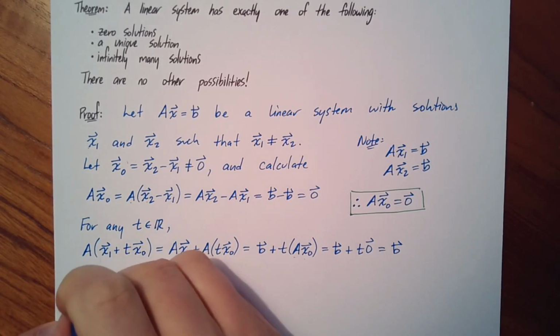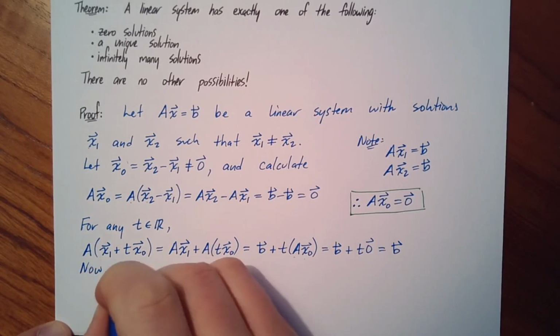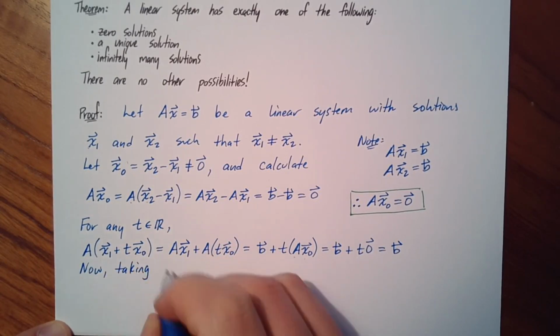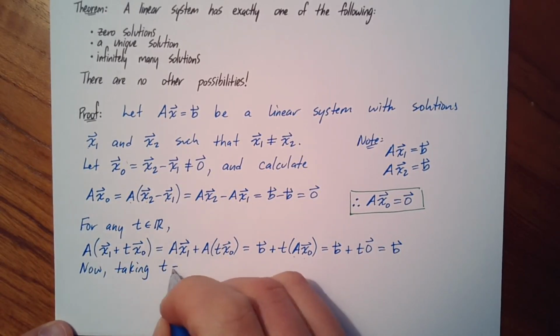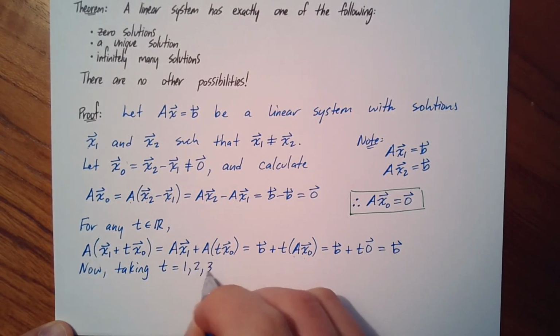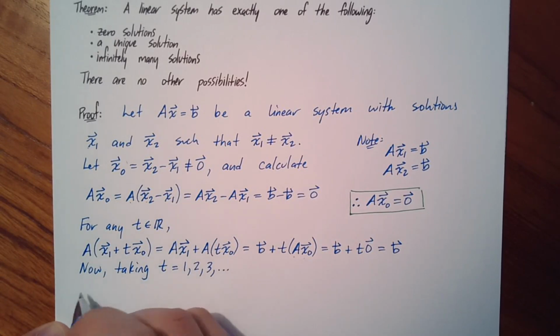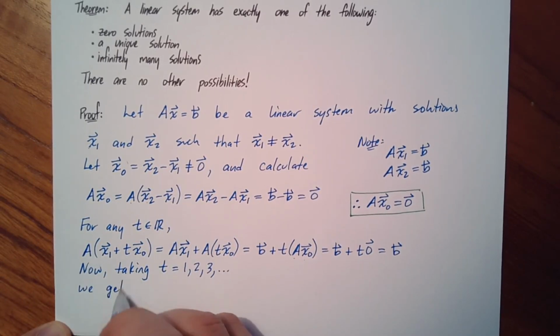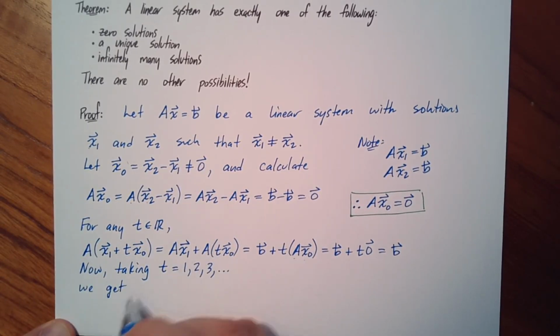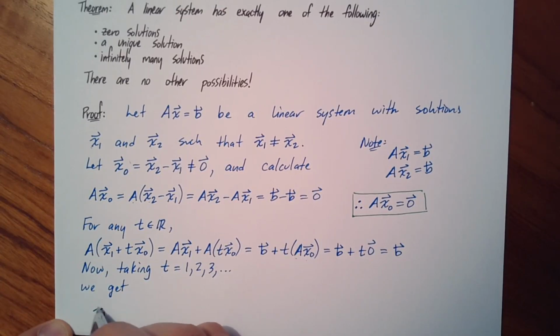So here's what I'm going to add. Say now, taking t equal to 1, 2, 3, and so on, just taking it to all those values, we get the solutions as follows. You get x1 bar plus x naught.